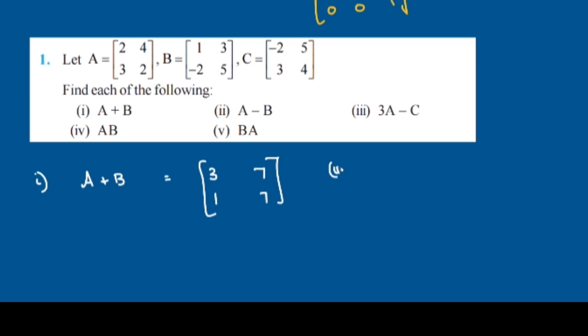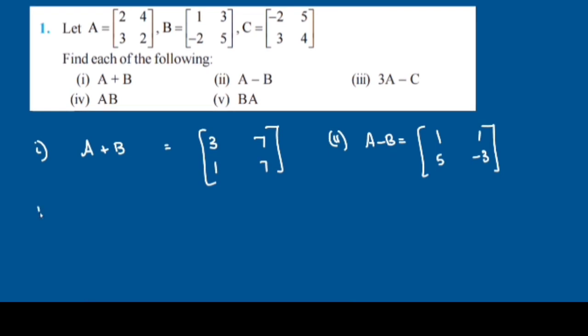A minus B, same way you can just subtract: 2 minus 1 is 1, 4 minus 3 is 1, 3 plus 2, that will become 5, and 2 minus 5 is minus 3. That is A minus B.